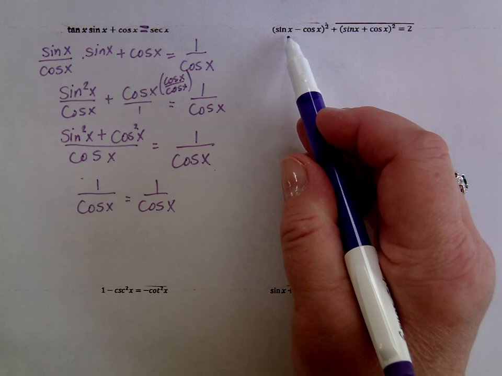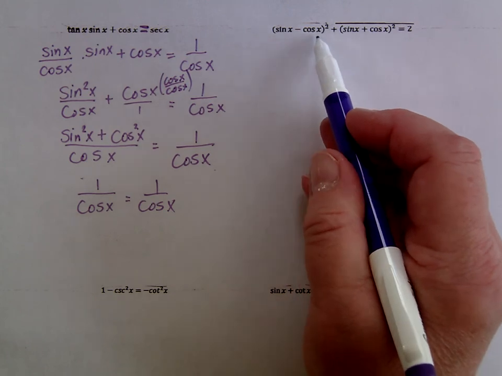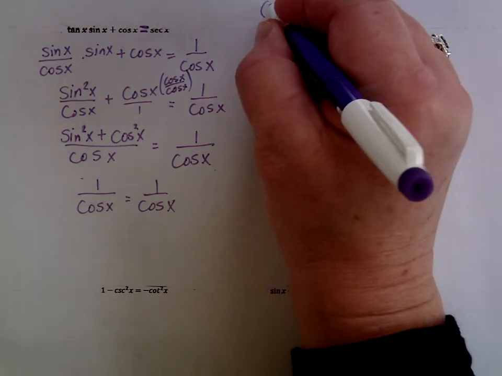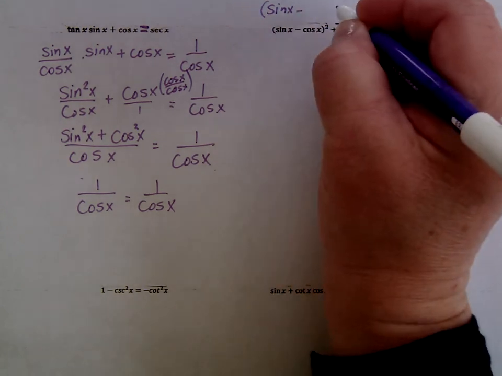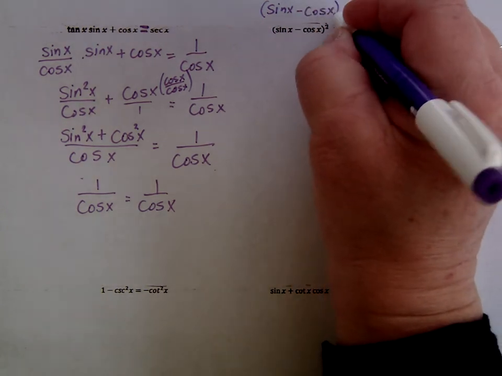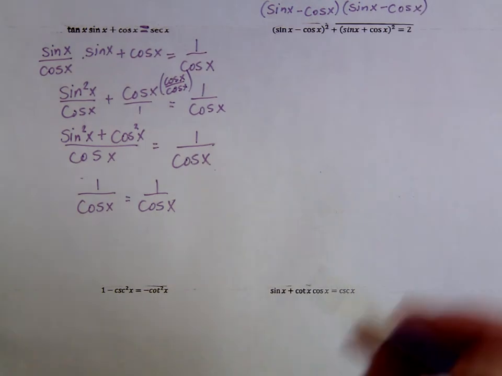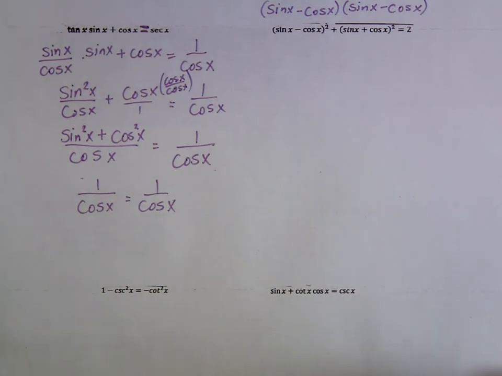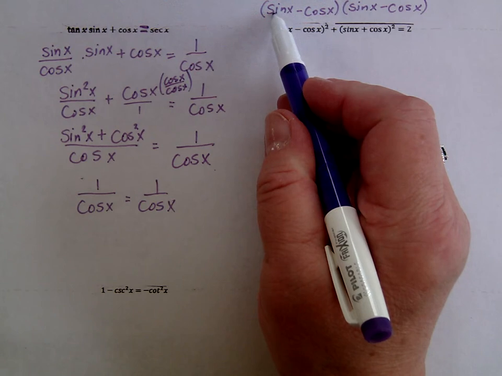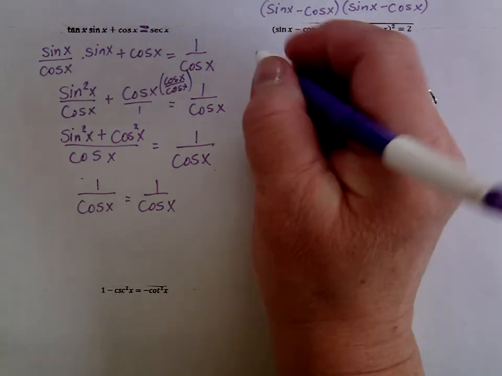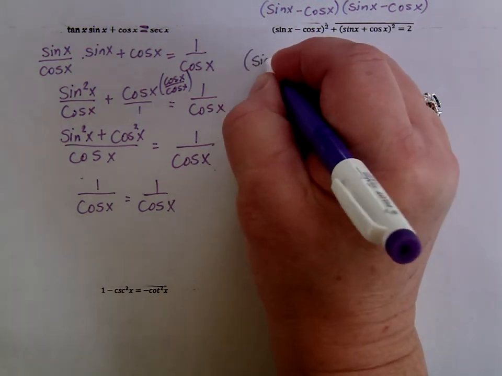If I do sine of x minus cosine of x, and I have two of them, sine of x minus the cosine of x times another sine of x minus cosine of x, what does that look like when I FOIL? So I'll have sine of x times sine of x first give me a sine squared x.